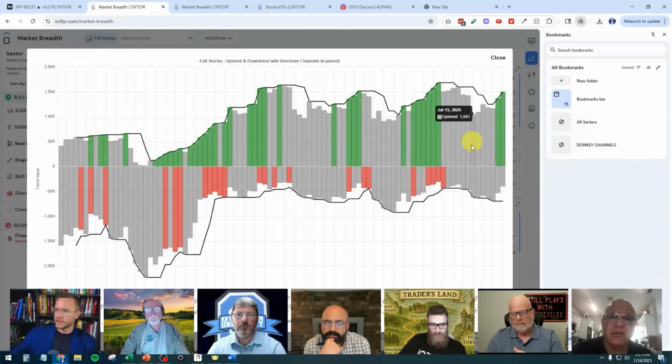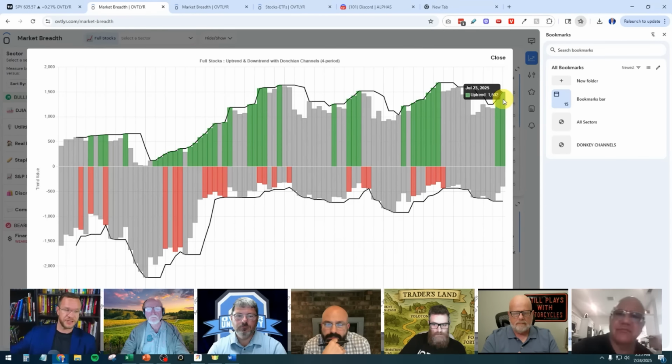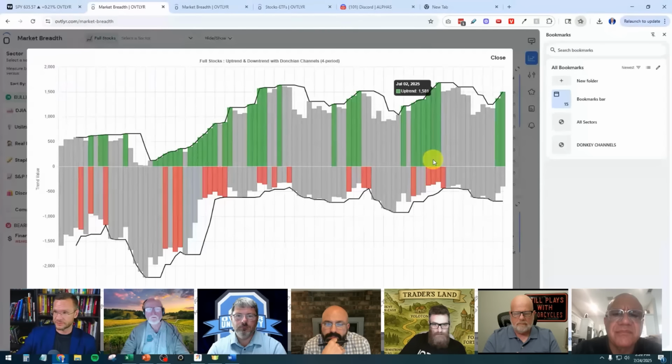The score in this area would be 0 because we don't have anything pushing up higher or pushing down lower. This is a score of 1 because we have 1 Donchian channel move. This right here would be a score of 2 because we have 2 Donchian channel moves. So this is what's happening to the trends of the market.